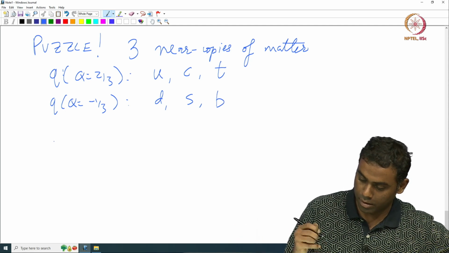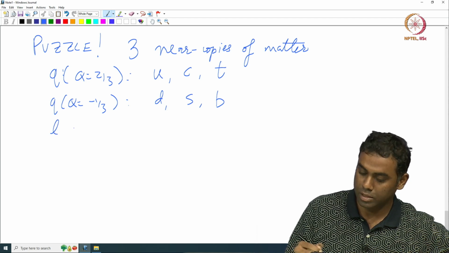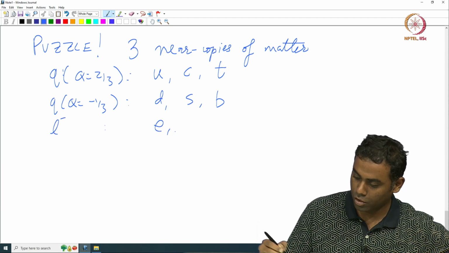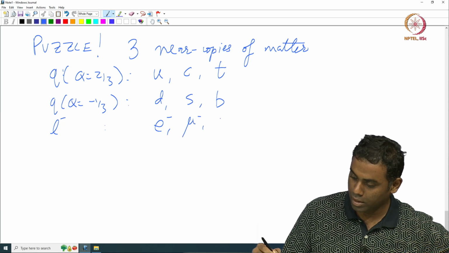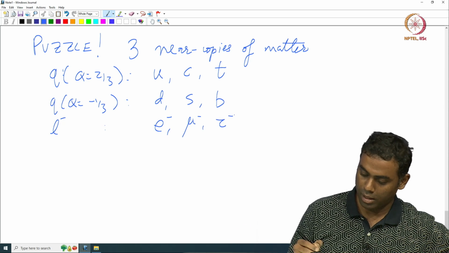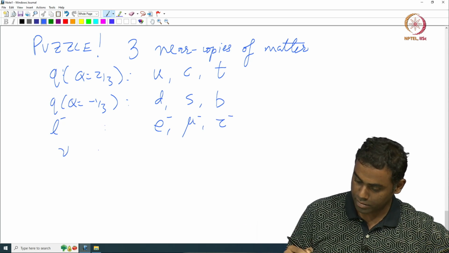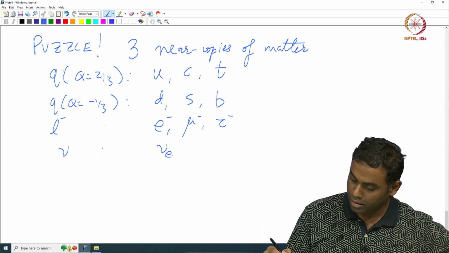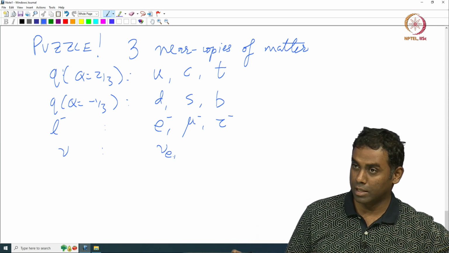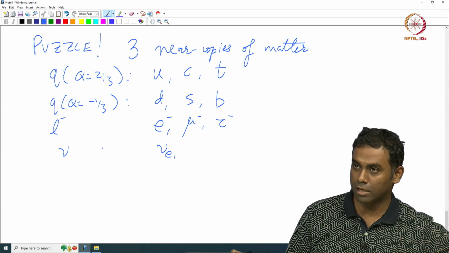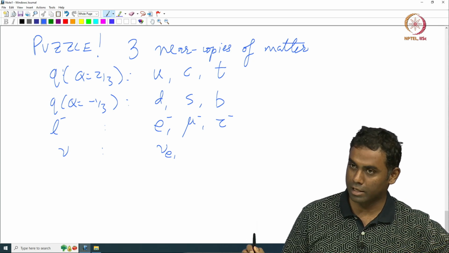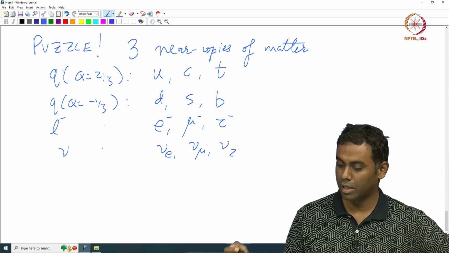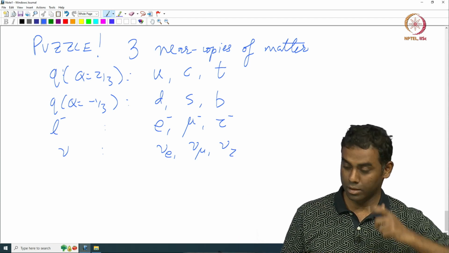And as far as charged leptons go, I have the electron, the muon and the tauon. And as far as neutrinos go, in flavor eigenstates at least, there is the electron neutrino, muon neutrino and tauon neutrino, right.